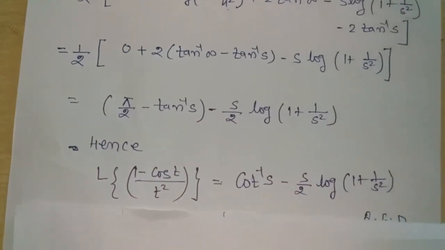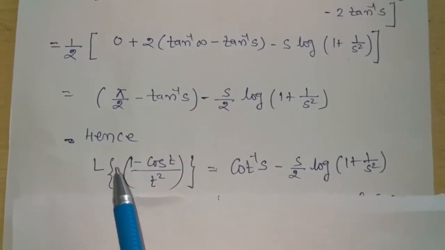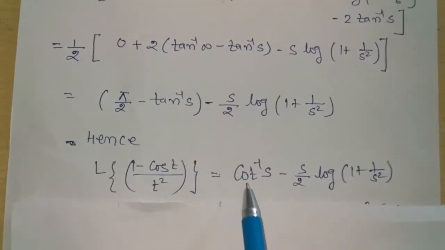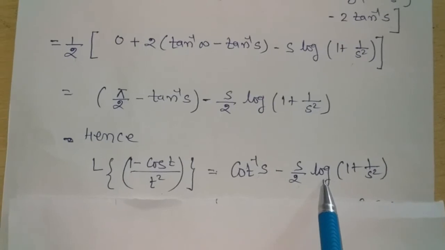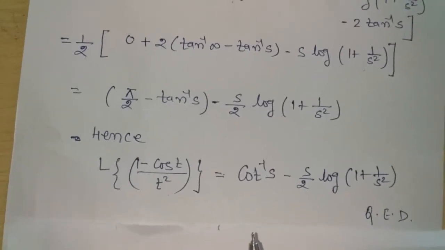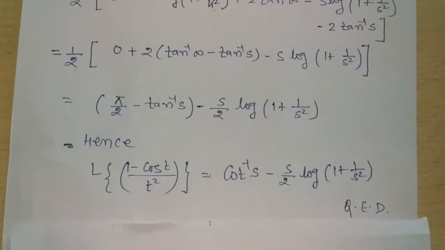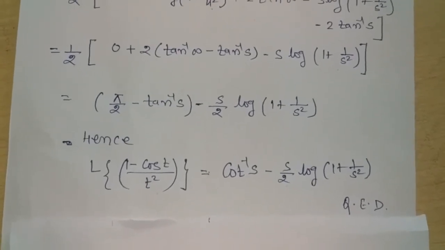So we get finally the Laplace transform of (1 minus cos t)/t² is equal to cot⁻¹s minus s/2 log(1 + 1/s²). So this is the Laplace transform of (1 minus cos t)/t².